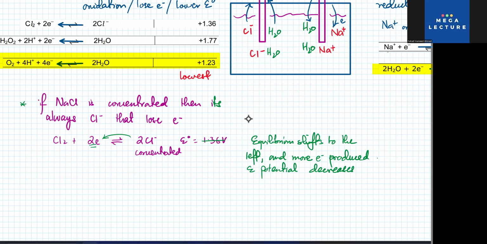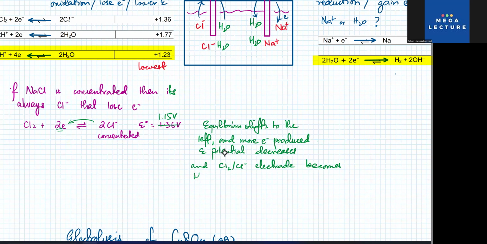And when it decreases, so let's say it becomes 1.15 volts, then look at the values. Then this is going to be the lowest potential. If it's not 1.36, if it's 1.15, then its electrode potential decreases. And the Cl minus 1, Cl2 electrode becomes the lowest potential out of the three. And hence, chlorine is the one that's going to be preferentially discharged.